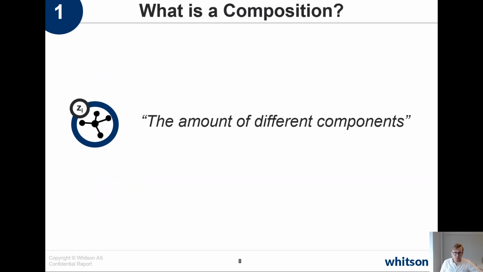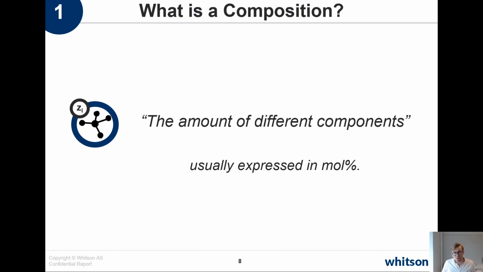So a composition is simply, in this context, referring to the amount of different components that makes up a fluid mixture. Okay, and essentially what it's trying to represent is, what is actually different between a dry gas reservoir, a volatile oil reservoir, a black oil reservoir, a dead oil, a high viscosity oil, etc. And the way we express that is in terms of mole percentage.